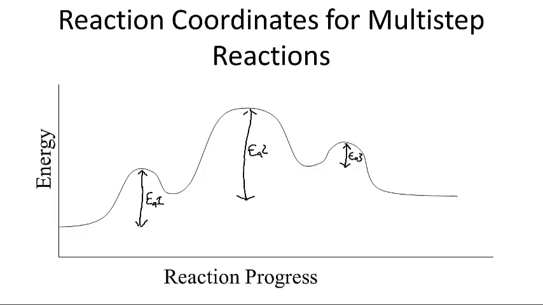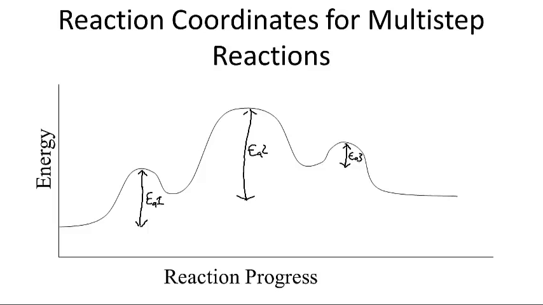The third step actually has the lowest activation energy. That third step is probably really fast. The middle step is probably the slowest because it is the highest peak. And that first step is probably somewhere in between the two.